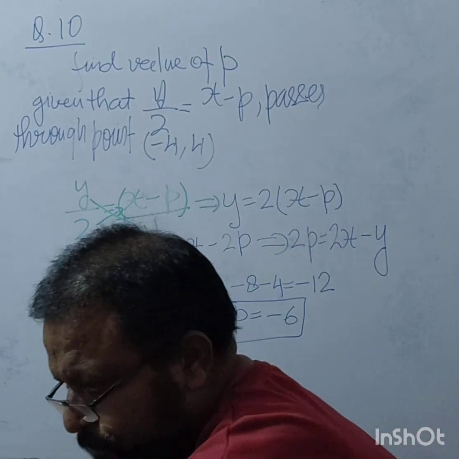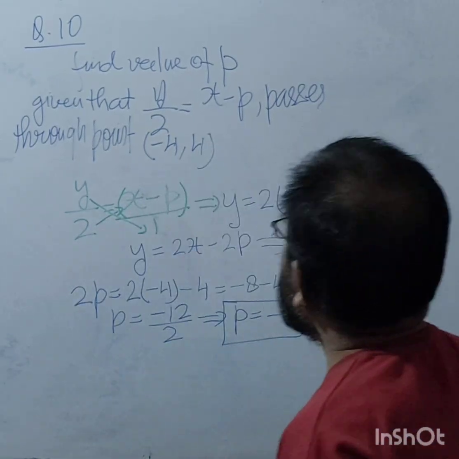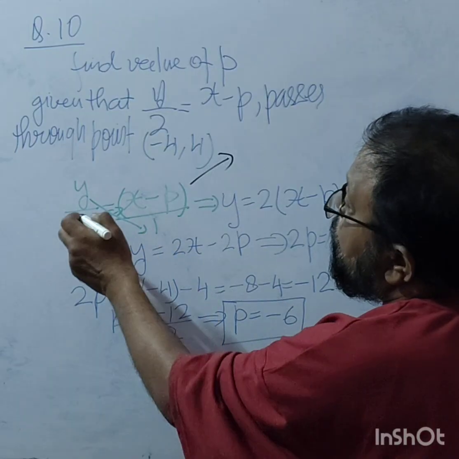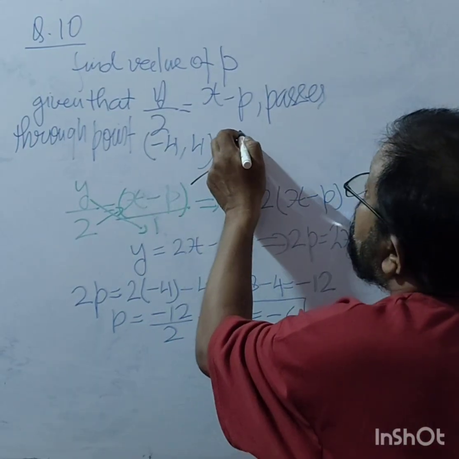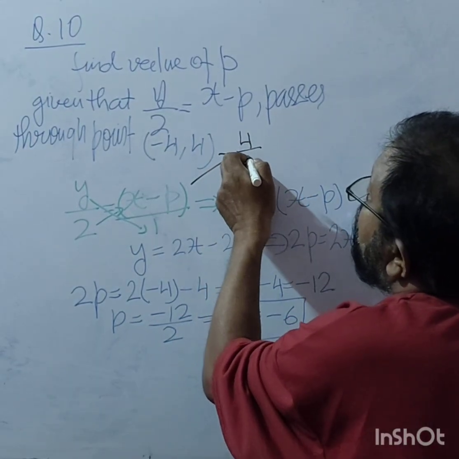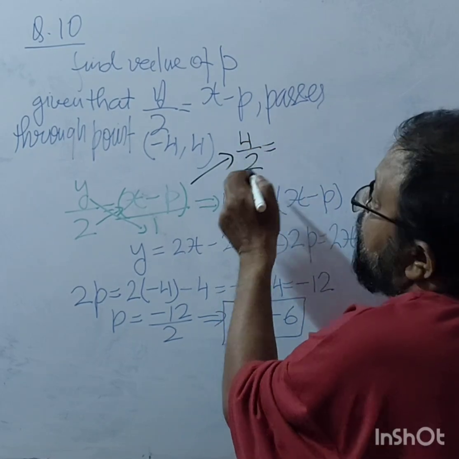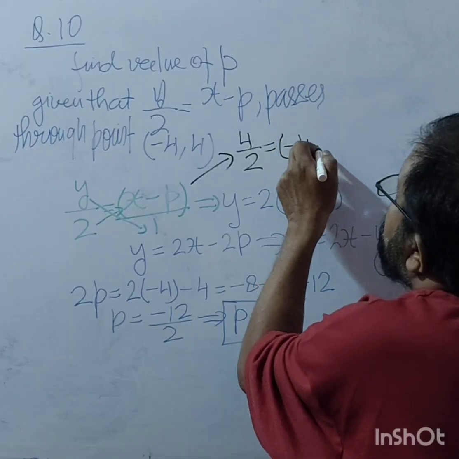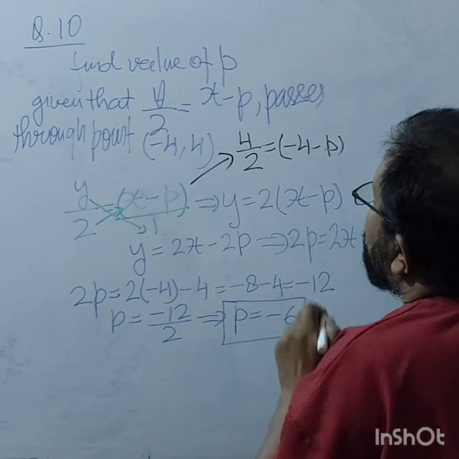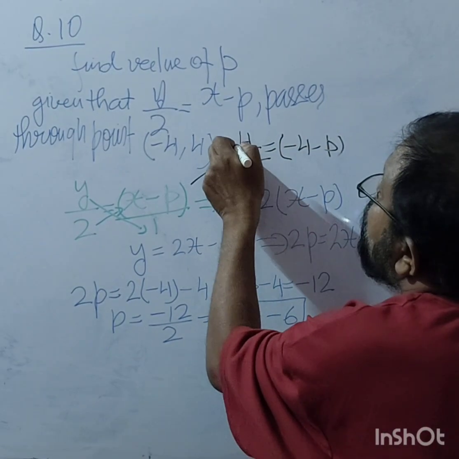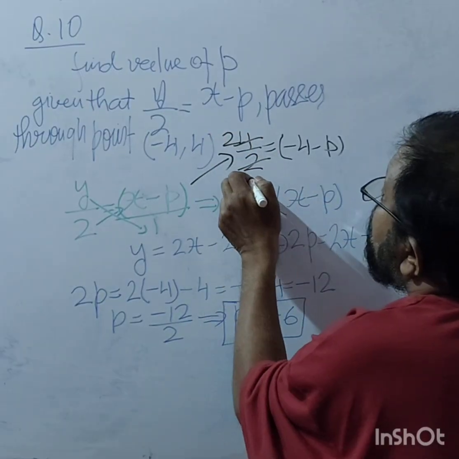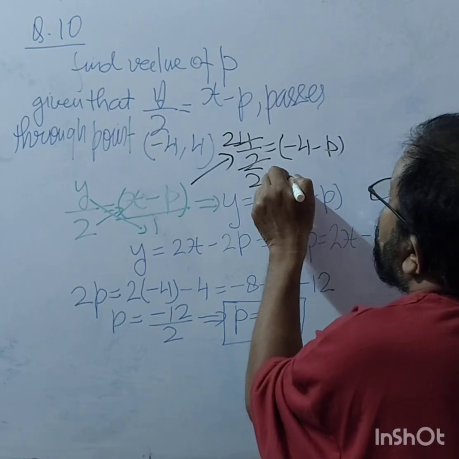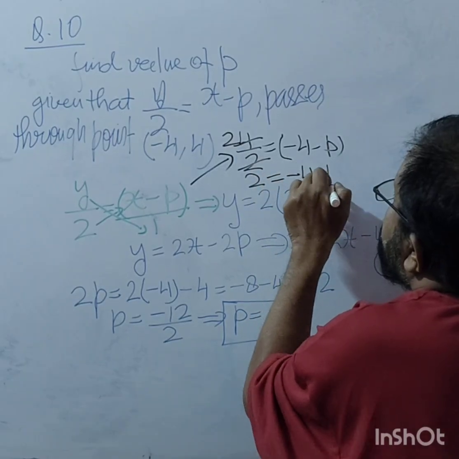Either you can solve like this also. y is 4, so 4 by 2 is equal to x, which is minus 4, minus p. Right? 4 by 2 becomes 2. So you get 2 is equal to minus 4 minus p.